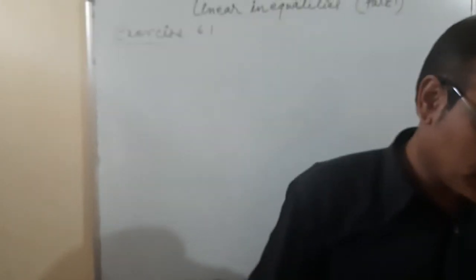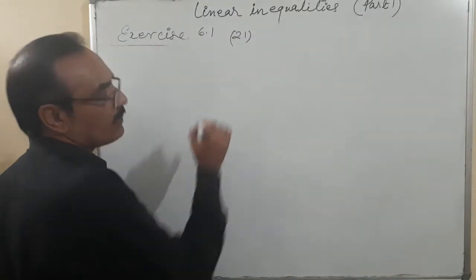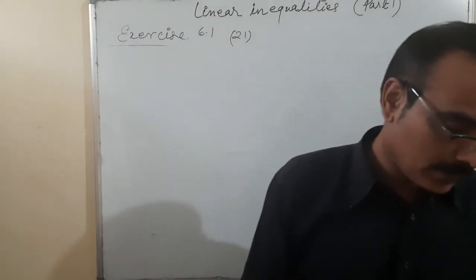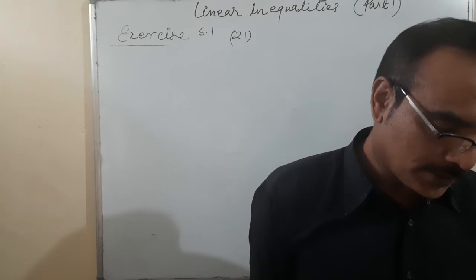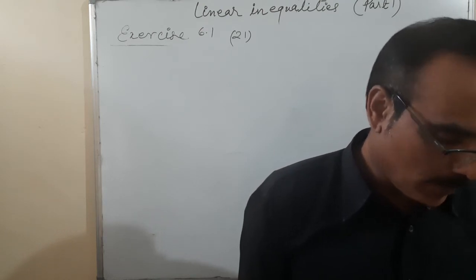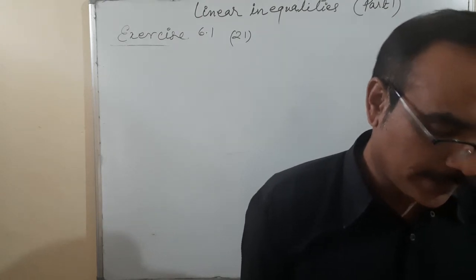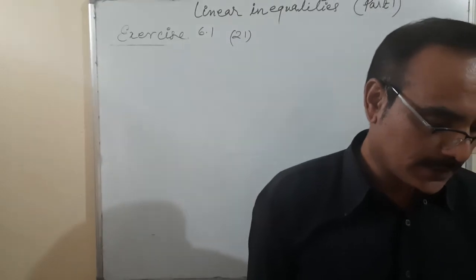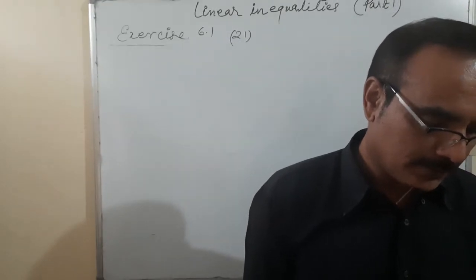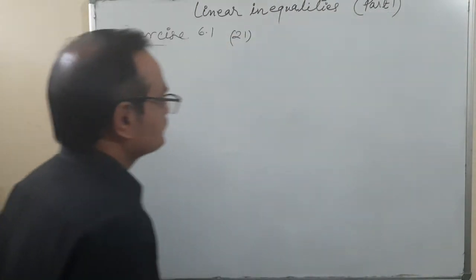Now let us start the word problems, starting from 21. Question number 21: Ravi obtained 70 and 75 marks in the first 2 unit tests. Find the minimum marks he should get in the third test to have an average of at least 60 marks.